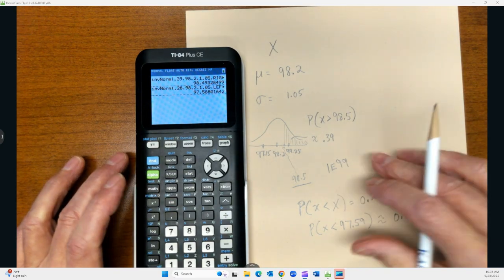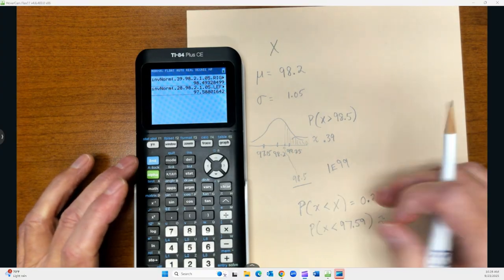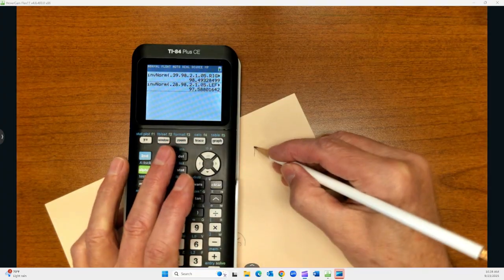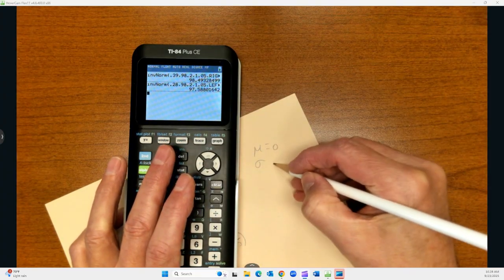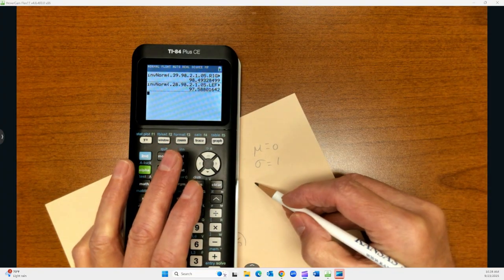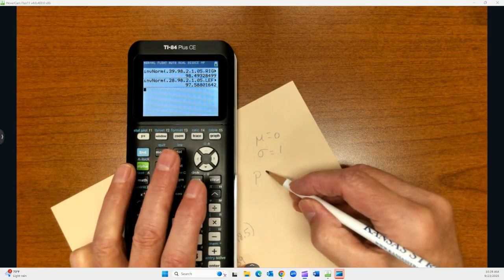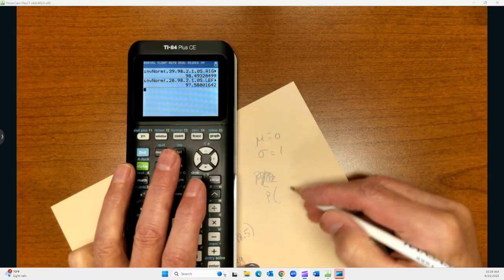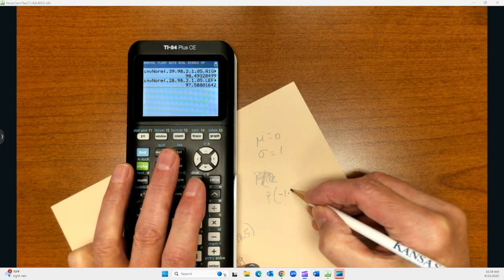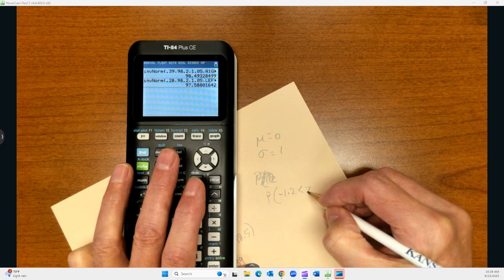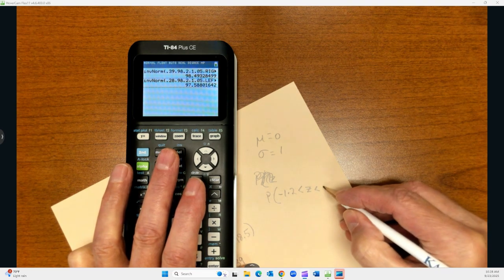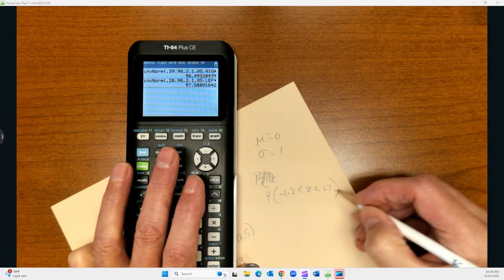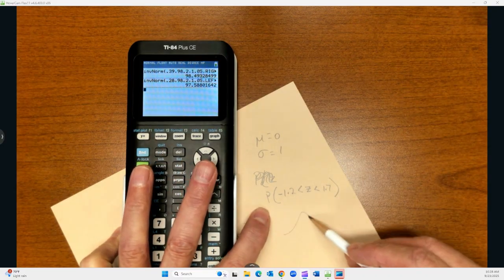And one last quick thing: if I wanted to use a standard normal, remember in standard normal we have a mean of 0 and a standard deviation of 1. Let's say I'm working with a z-score and I want to know the probability that negative 1.2 is less than z is less than 1.7.